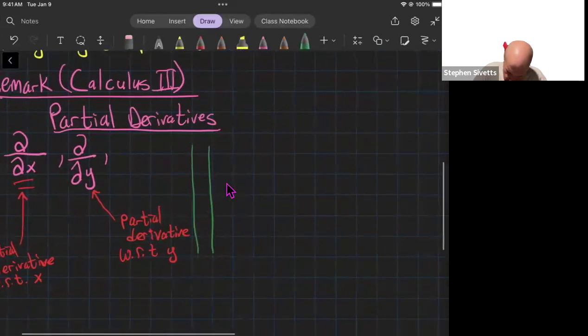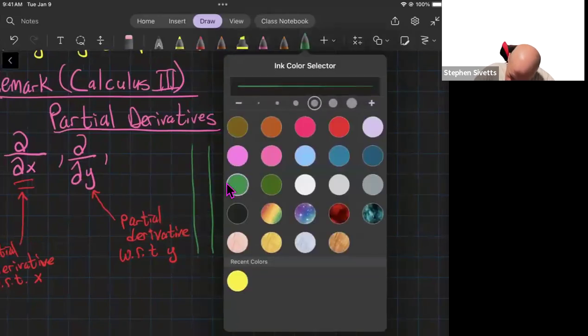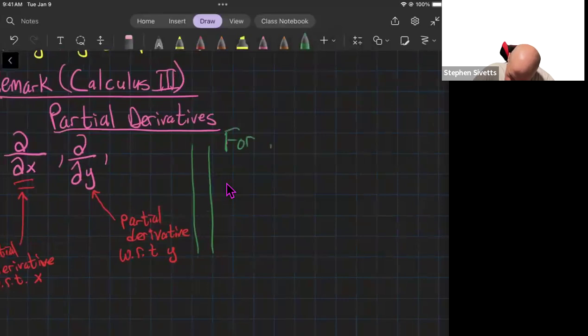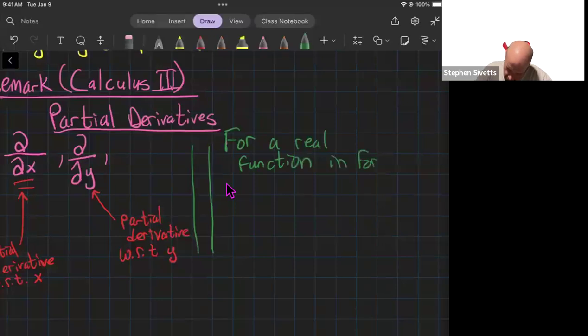So in terms of a limit, for a real function in the form u equals f of x, y, let's say.